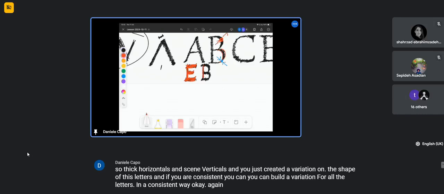So again, thin verticals and thick horizontals.